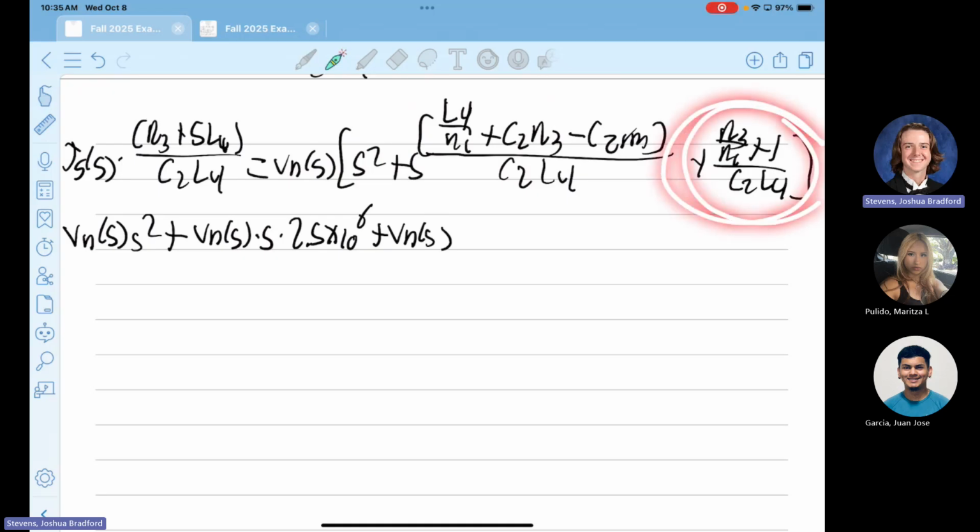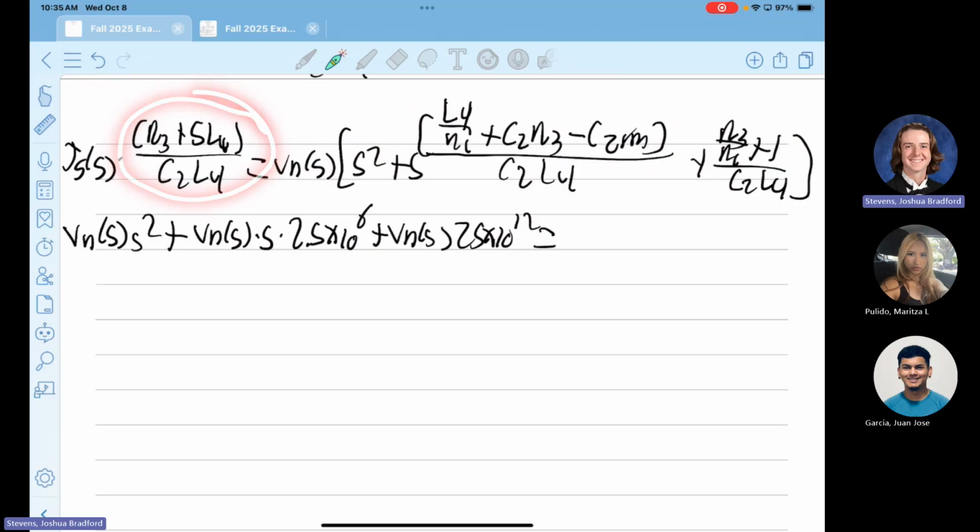Then I put all the numerical values in my calculator for this term, and I got 25 times 10 to the 12th. Okay, cool. Now this term here, same thing. I put it in my calculator and multiplied in the JG of S. So what I got was JG of S times S times 10 to the 9th. Okay?